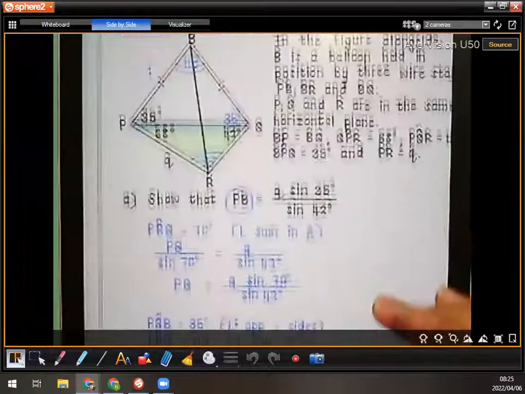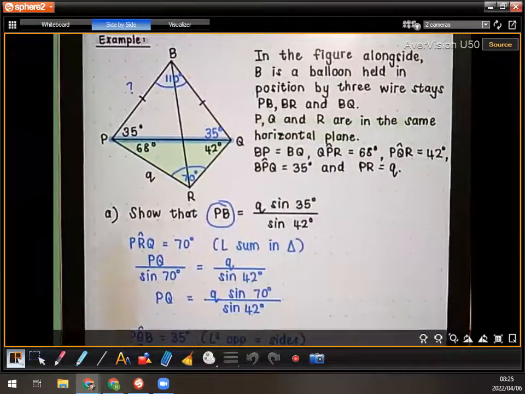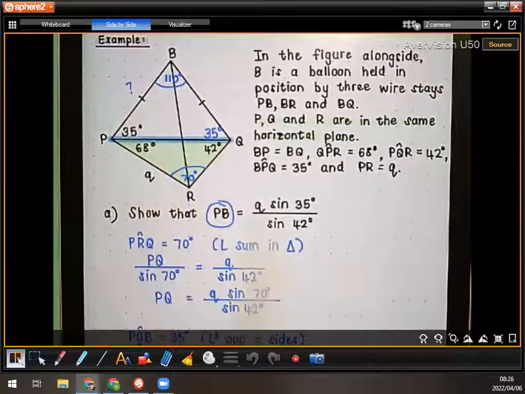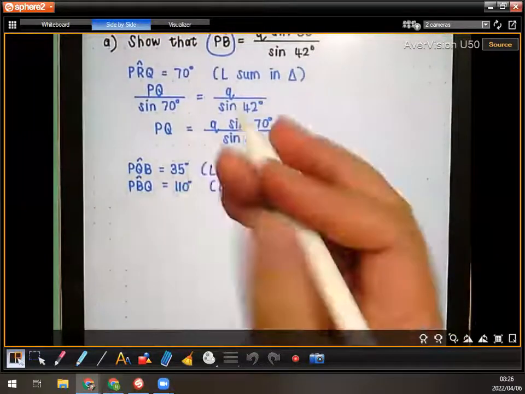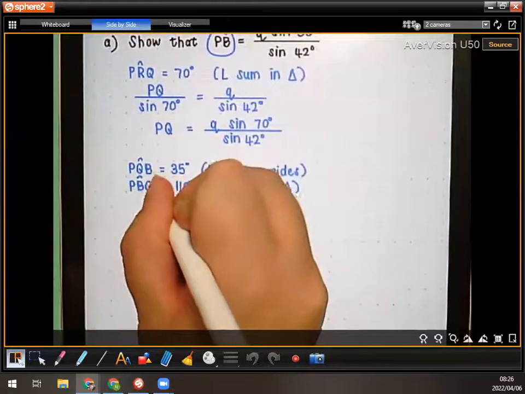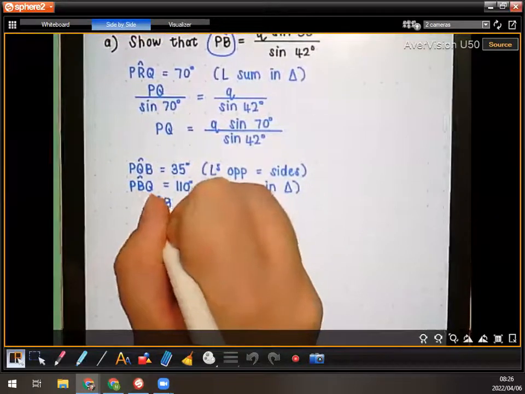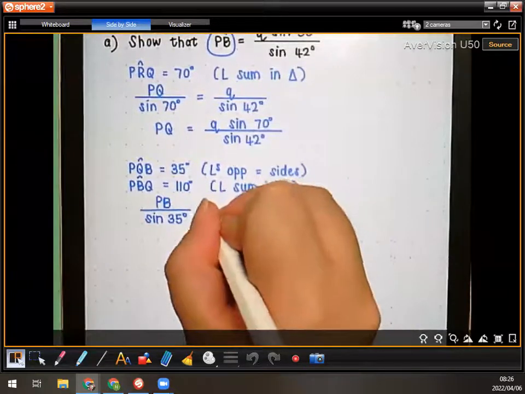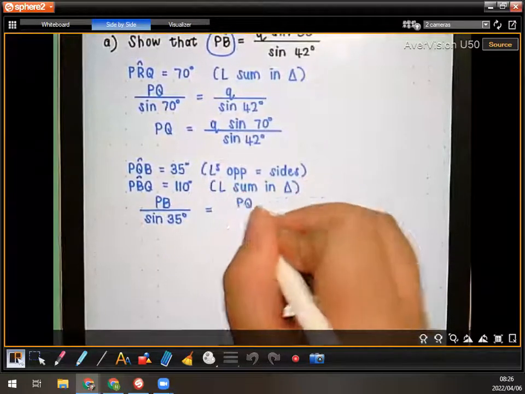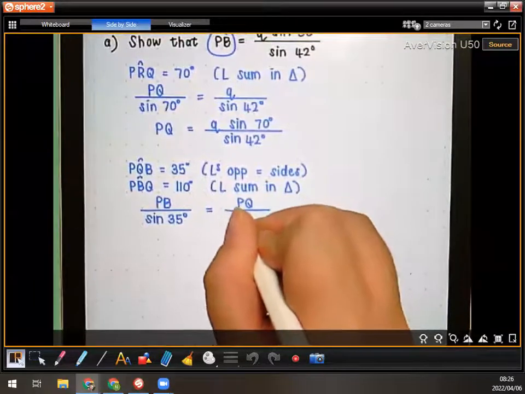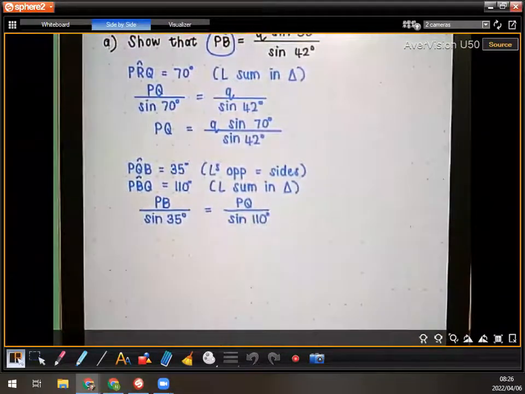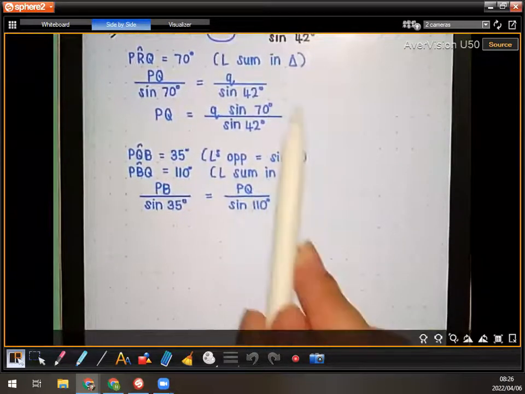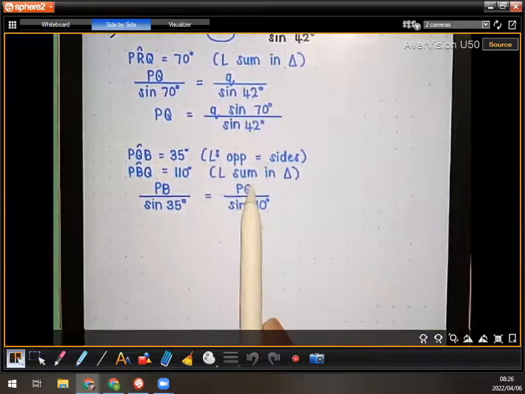Okay, so now I'm just going to go back up to the diagram so we can see it. Now we're going to just use sine rule again. So PB over sine 35 is PQ over sine 110. I'm going to leave actually subbing in this whole expression for PQ until a bit later.